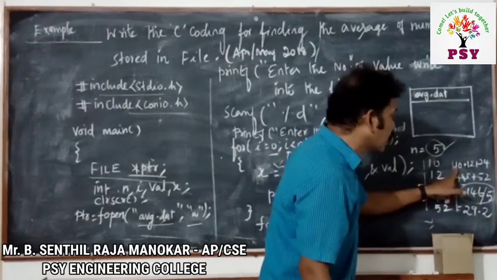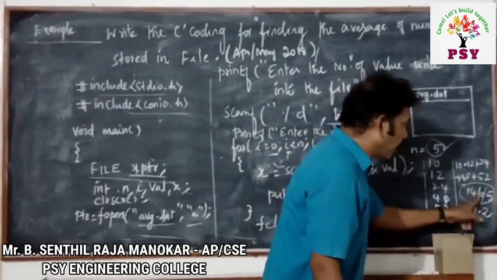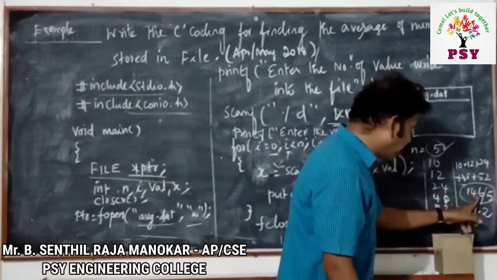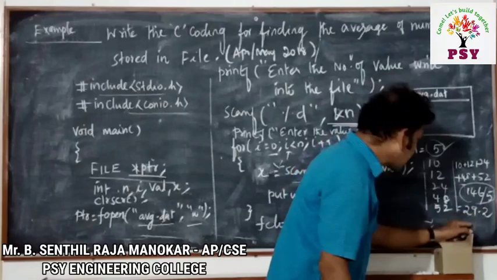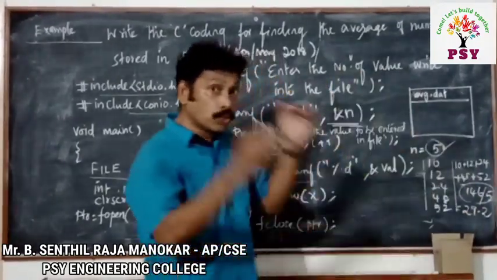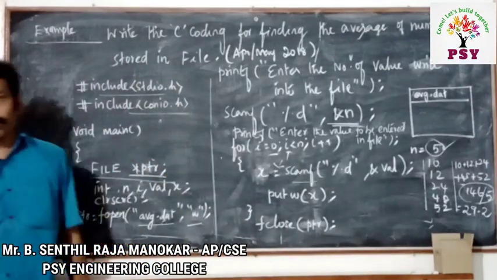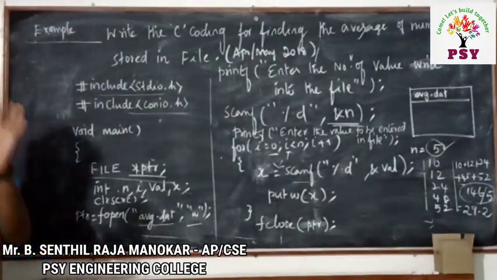That is the addition of all 5 values, which gives 146. Then that 146 has to be divided by 5. So what average will it give? 29.2. That problem has to be done through the file. That is the problem we had in the April-May 2018 Anna University question.